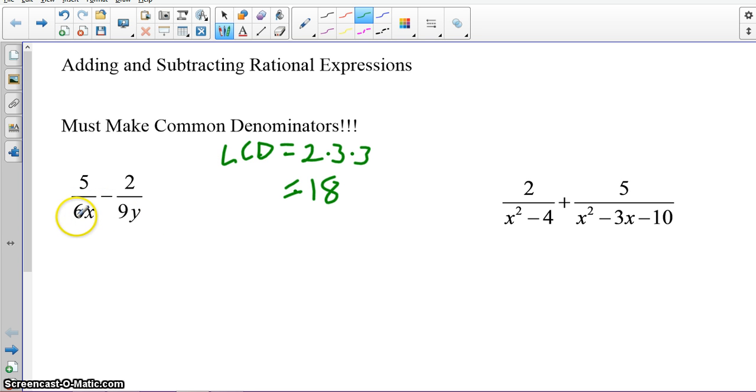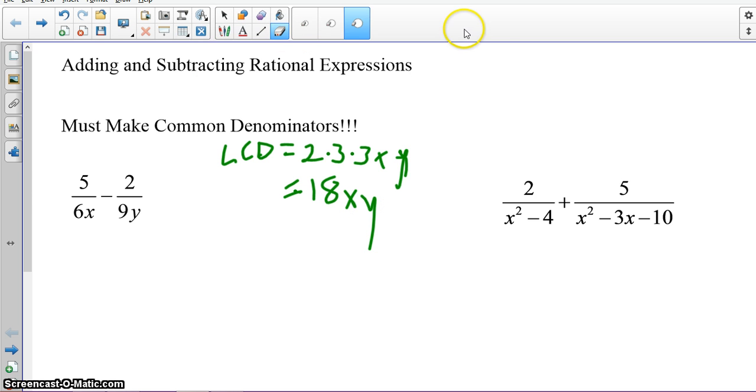This guy has an X, so this guy better have an X. This guy has a Y, so this guy better have a Y. So 18XY. Then what you have to think about, what we've thought about in previous lessons, and really the whole reason why we did that stuff is to prepare you for this, is how to go from 6x to the 18xy, and also how to go from the 9y to the 18xy.